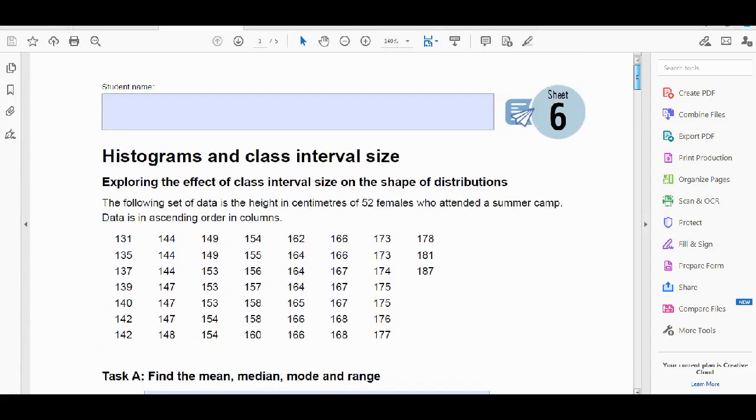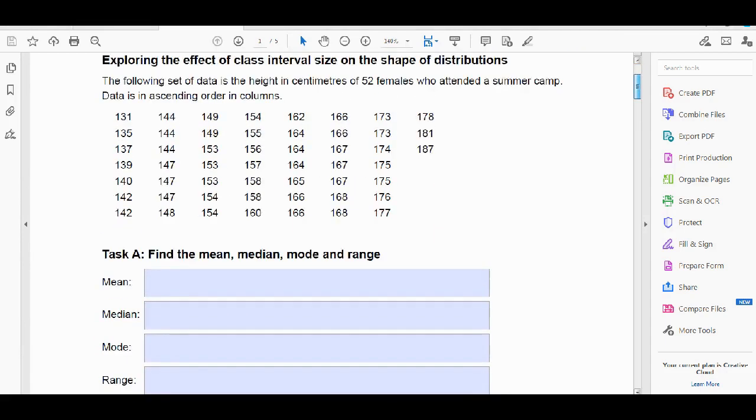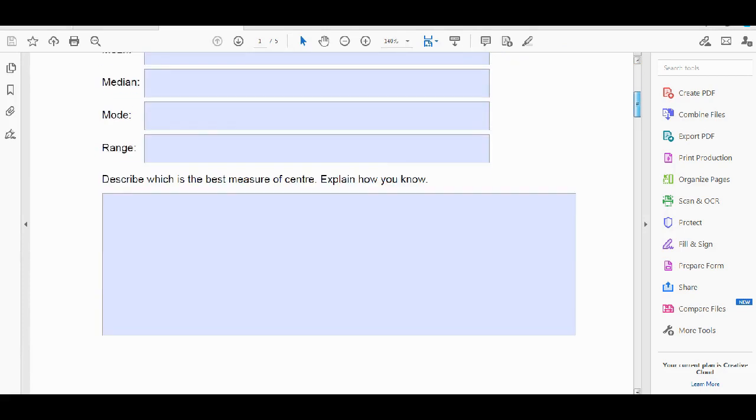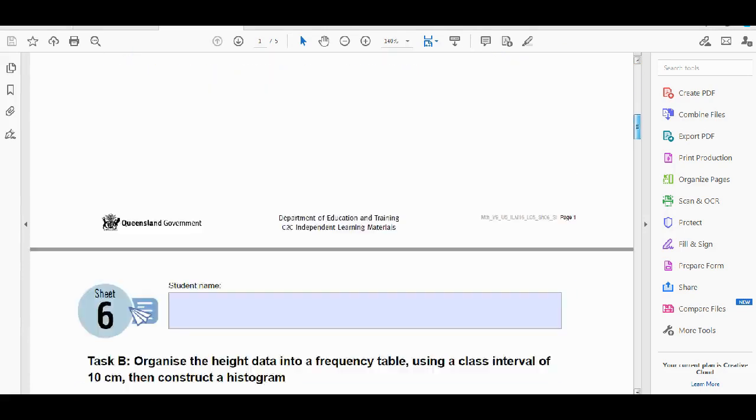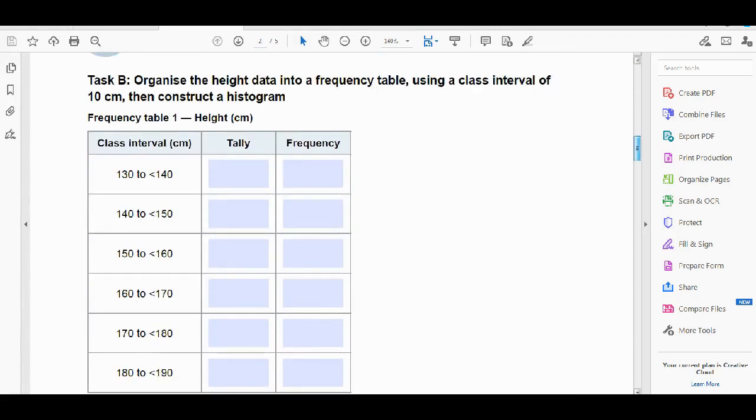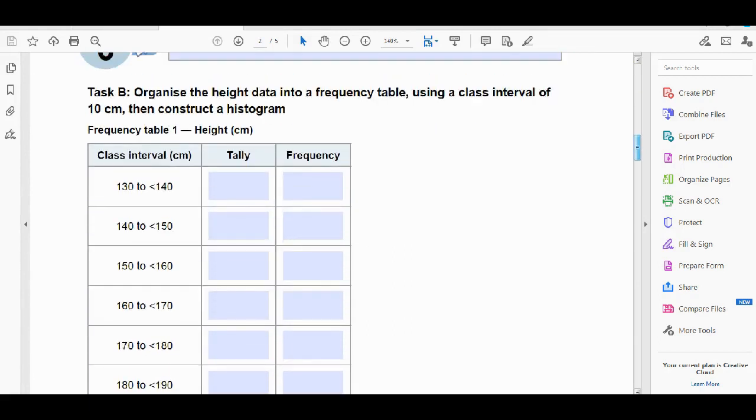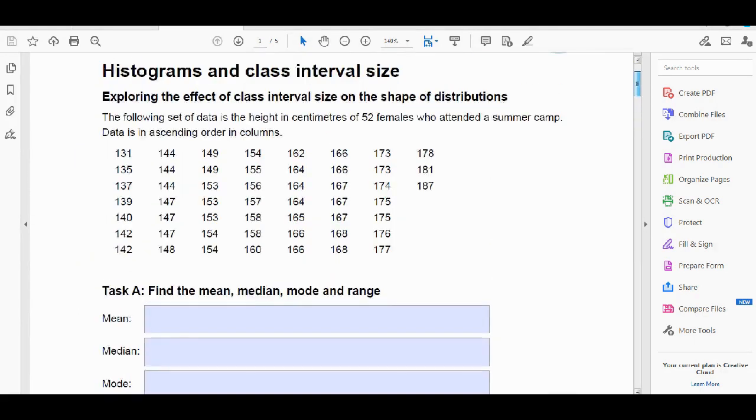There's a group of data about the heights of 52 females attending summer camp. You need to find the mean, median, mode, and range, which is what we have learned before. Then you need to group them. Remember how we could group the data? Because when there is too much data, we're not going to do it one by one.